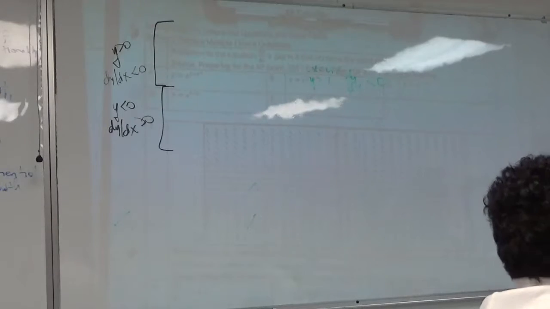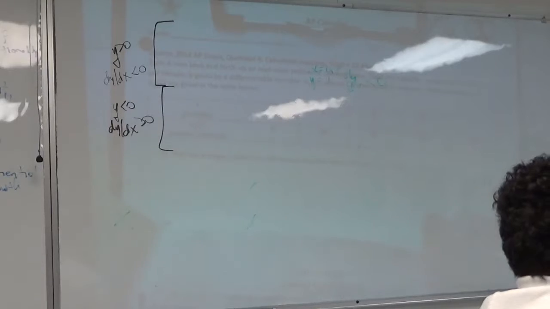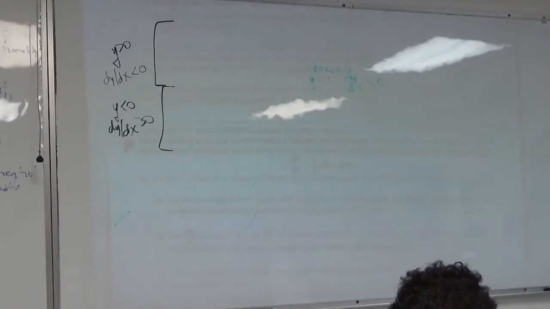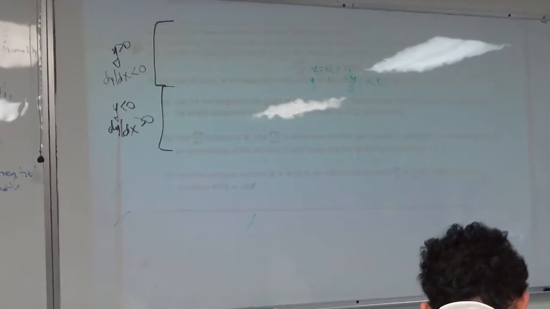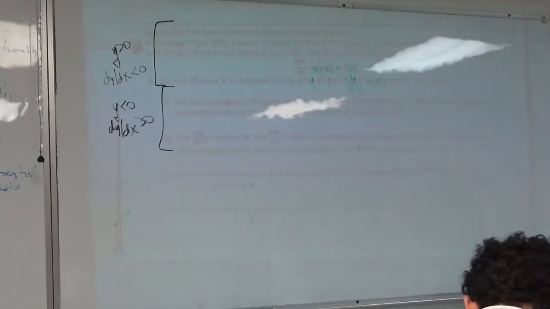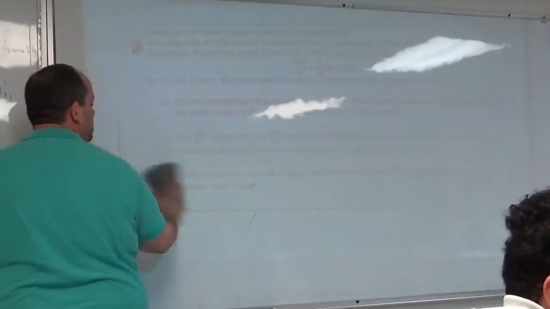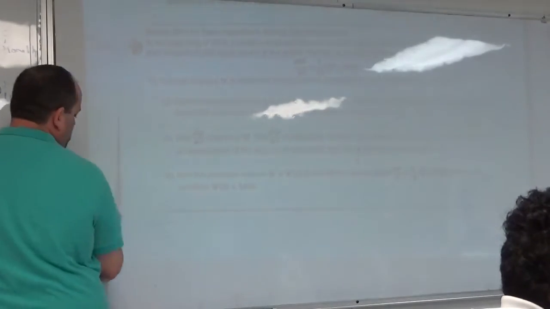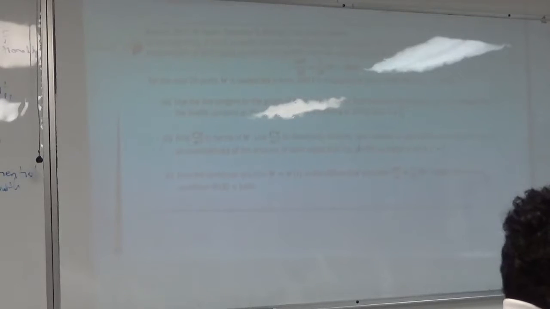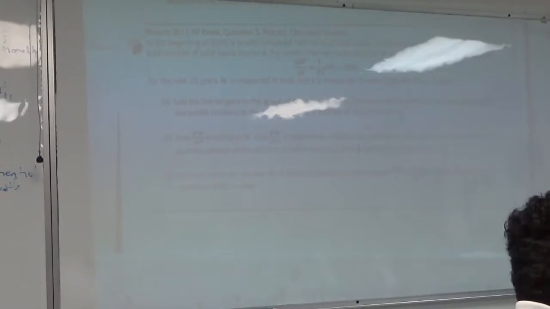All right, you're definitely going to want a separate sheet of paper for this. On the bottom of page 71, this is a question that we've worked on before. You guys have between now and 9:28.